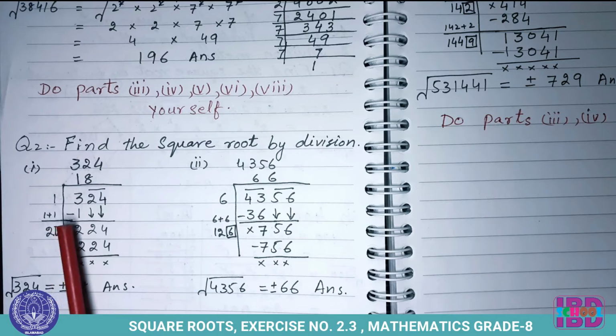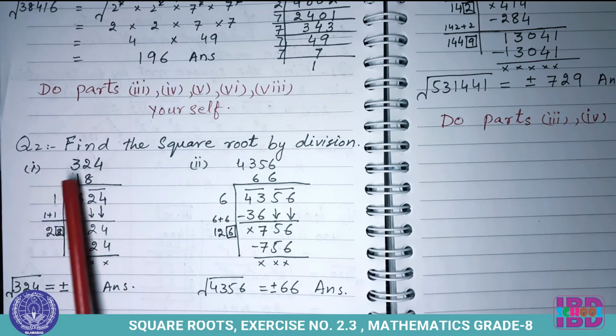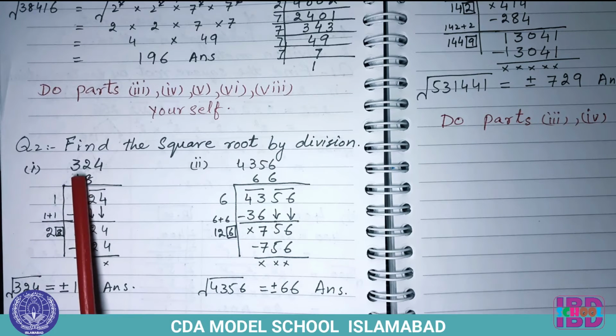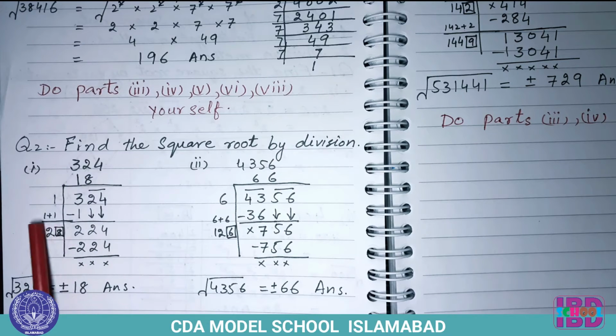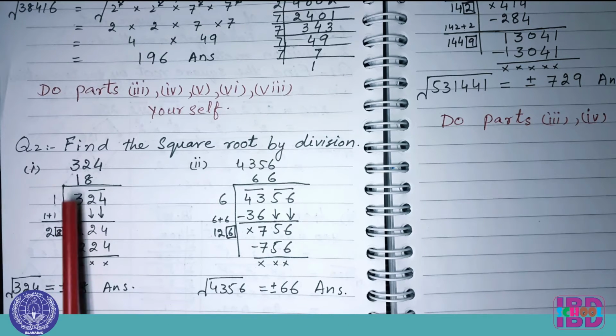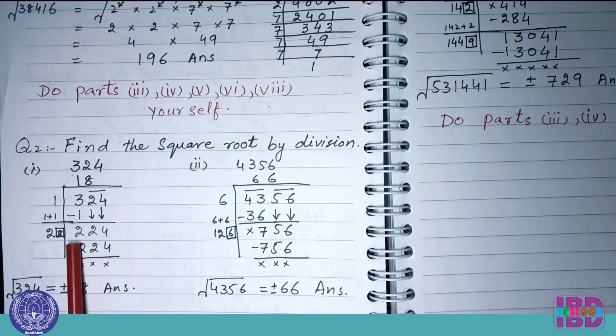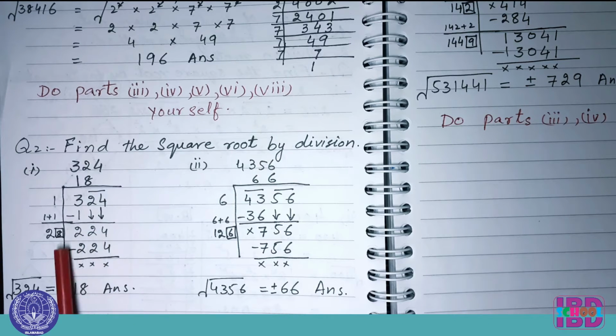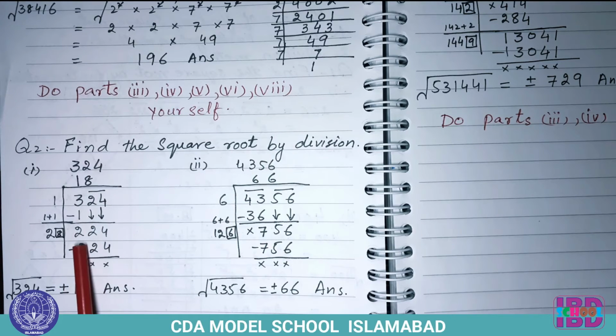It is 1. That is 1 into 1 is equal to 1. We multiply it above and add it below and subtract its product from 3. We have 2. Now we get the new pair down. Now the number becomes 224.